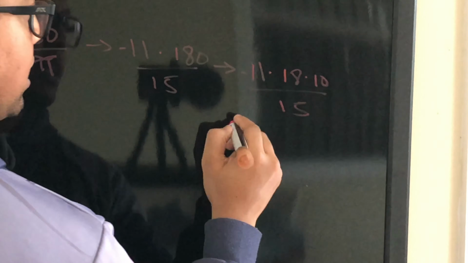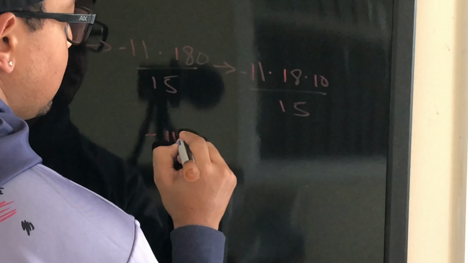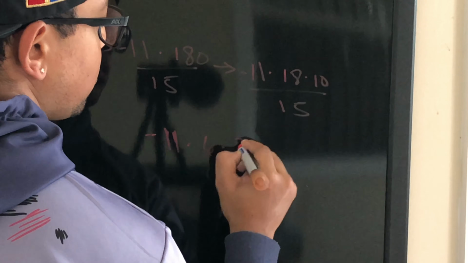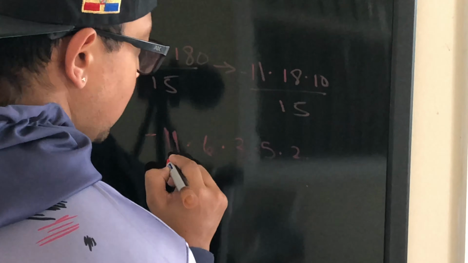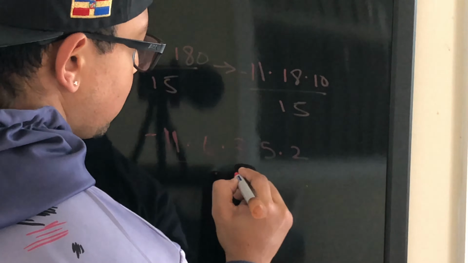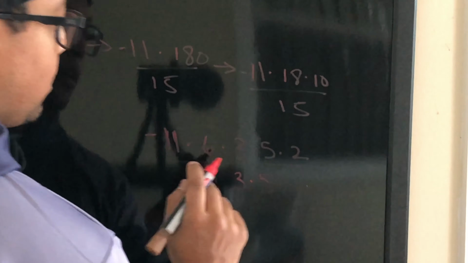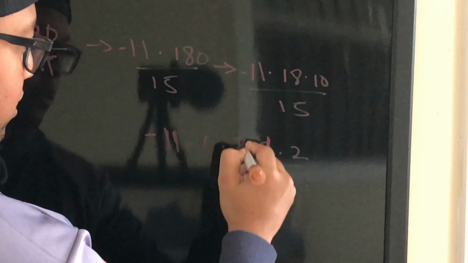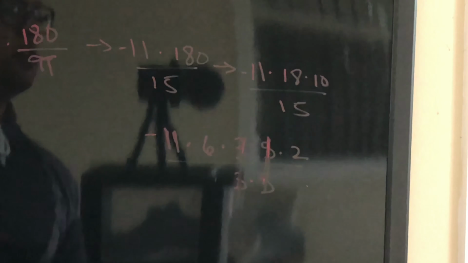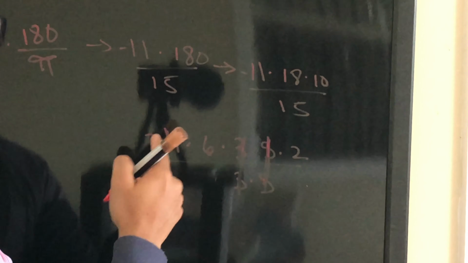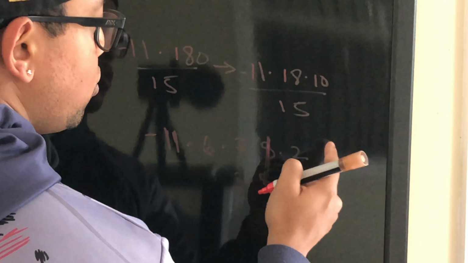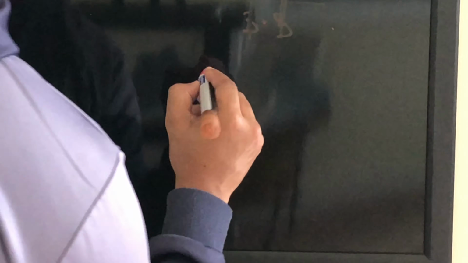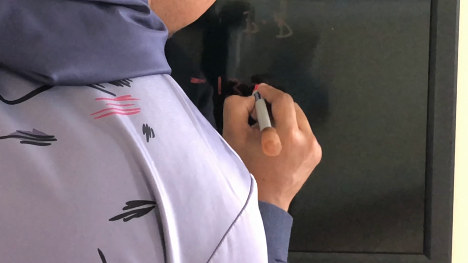And then you can break this down to negative 11 times 6 times 3 times 5 times 2, since 15 breaks down to 3 times 5, okay? Now you can cancel these here, these cancel. So then negative 11 times 6 is negative 66. Negative 66 times 2 is negative 132, right?